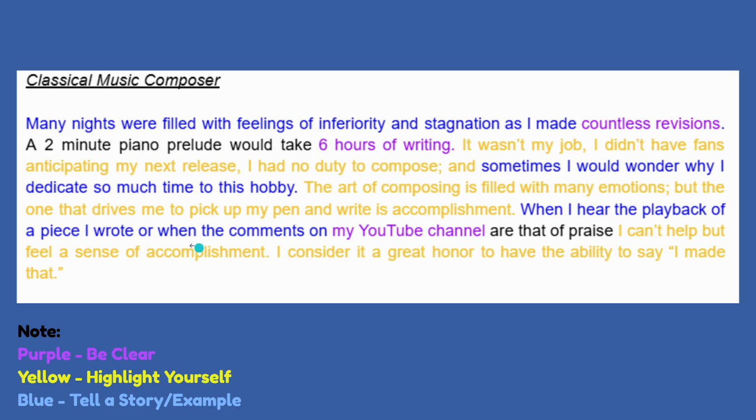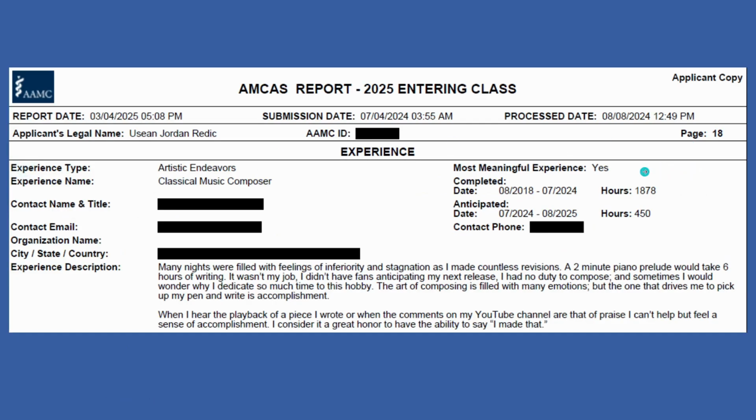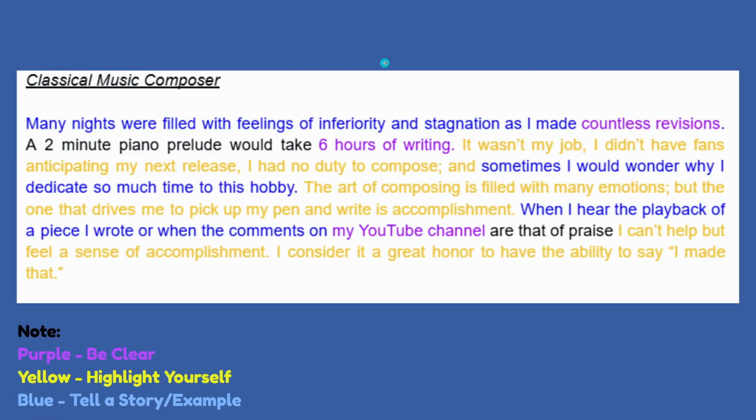This hobby of mine, as we see here, we are getting near 2,000 hours. You don't want to have a 2,000 hour hobby and you can't explain why you enjoy doing it. Or it would just come off as disingenuous maybe. So with a description for something like composing, an artistic endeavor, a hobby, something that you're not expected to do, I would recommend that you get personal about it.